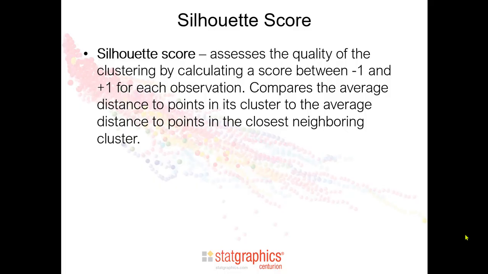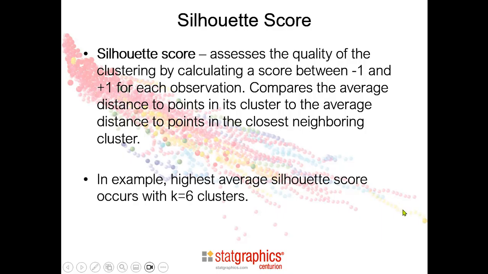The larger the value, the more certain one can be that that observation belongs to the cluster to which it was assigned. Any values less than 0 imply that the observation may have been assigned to the wrong cluster.